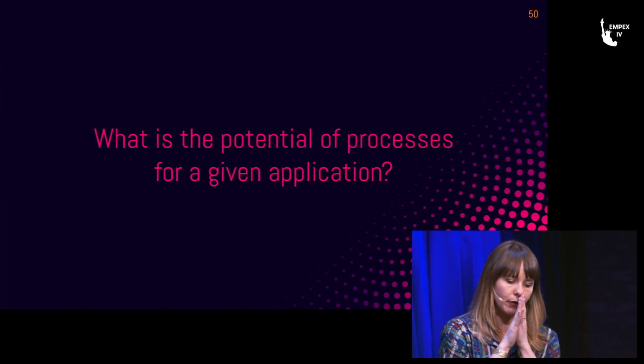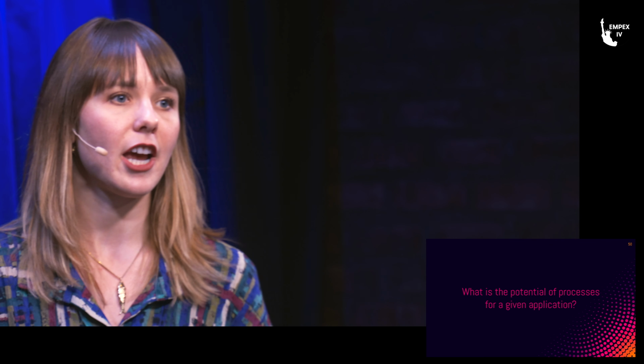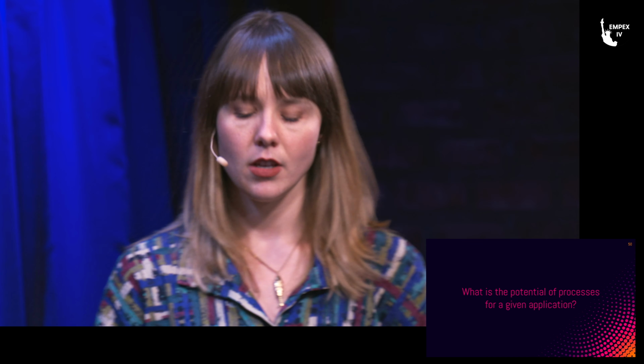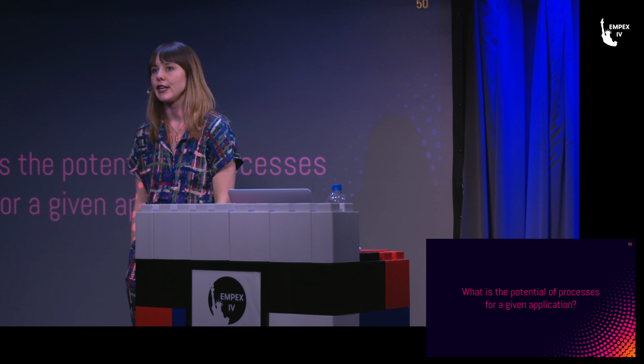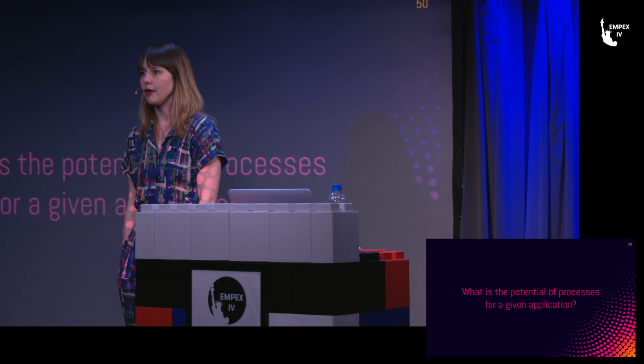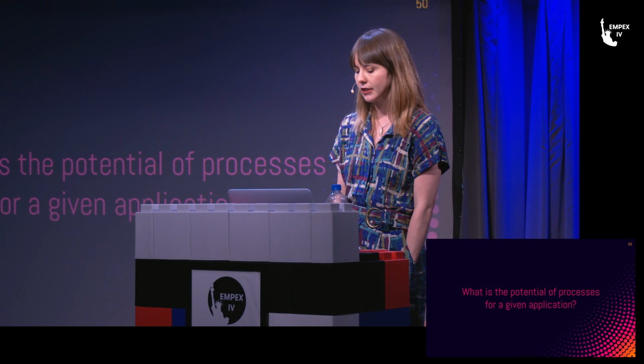So coming back to our initial question, how are we able to determine what the potential of processes can be in our application? I think there's a couple points that we can hit on. The first thing is, I really think that understanding the basic pieces of OTP behaviors is going to be super helpful for us in making that decision.